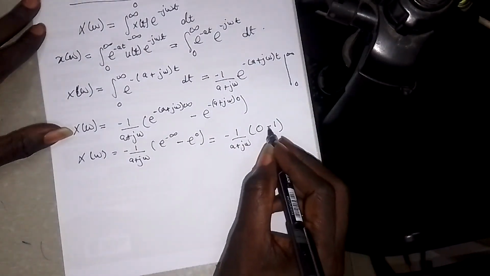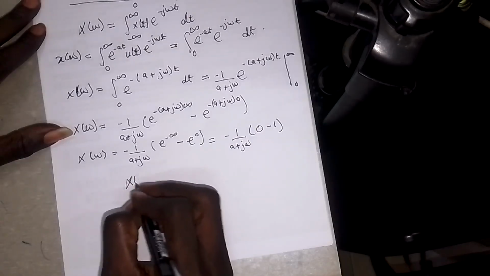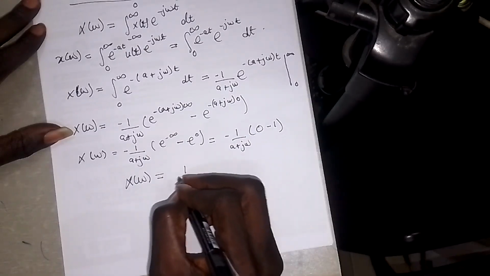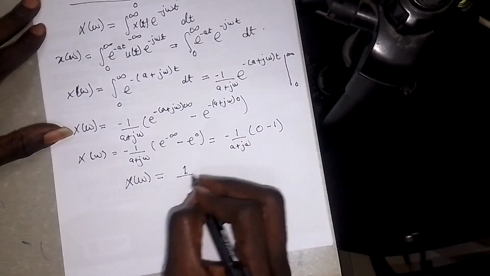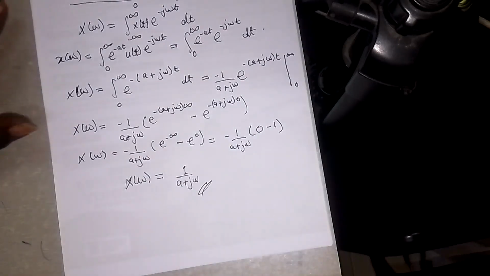So minus this minus makes it positive, and X of omega is equal to 1 over (a plus j omega). This is my answer.